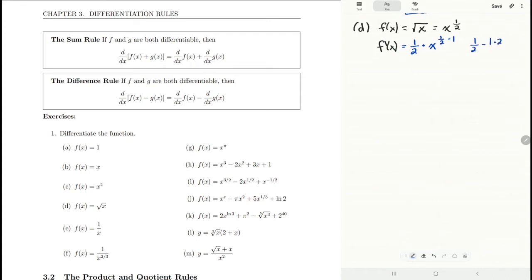So this is 1/2 minus 1 times 2 over 2. So 1/2 minus 2 over 2 gives us negative 1/2. And so we can simplify the derivative as 1/2 x to the power of negative 1/2.